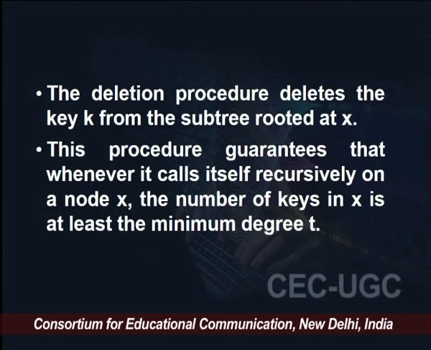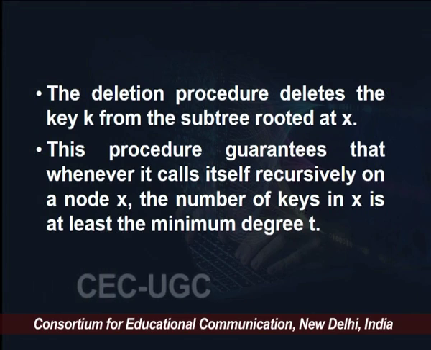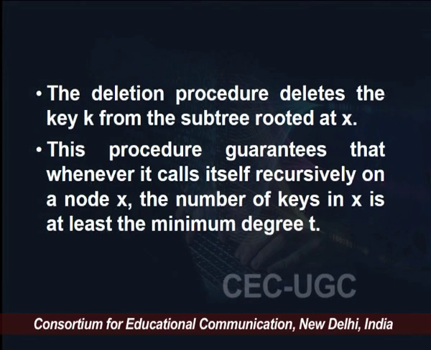So, the deletion procedure deletes a key k from a subtree rooted at x, and whenever it calls itself recursively on a node x, the number of keys in x is at least the minimum degree t. That constraint we need to follow hard and fast; it must be followed.